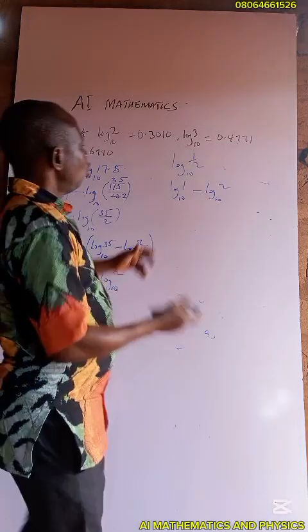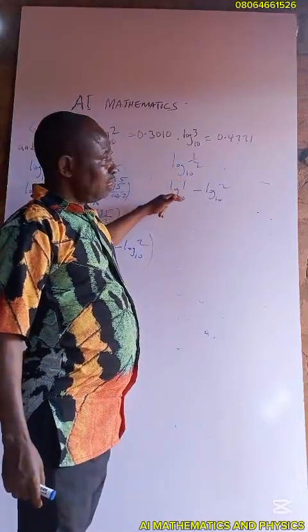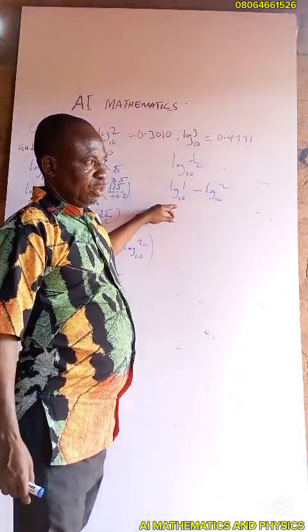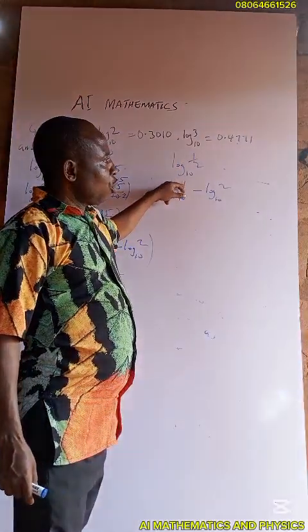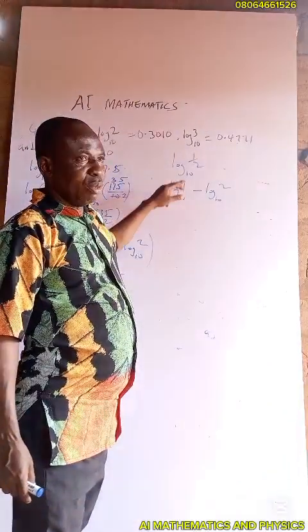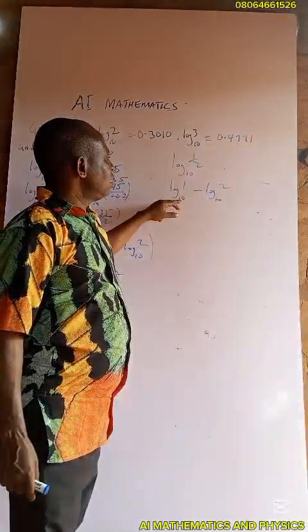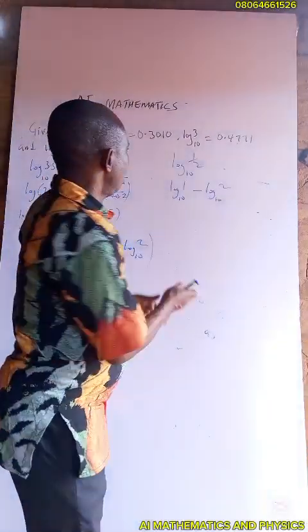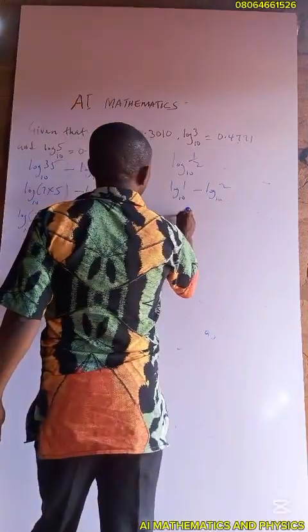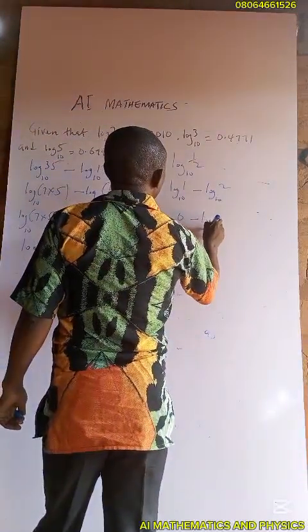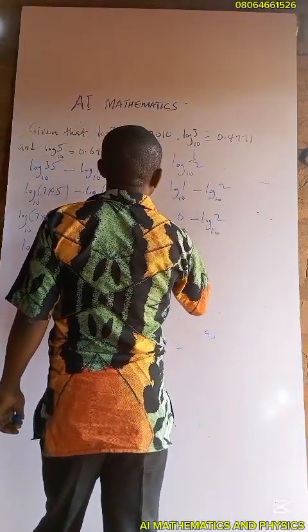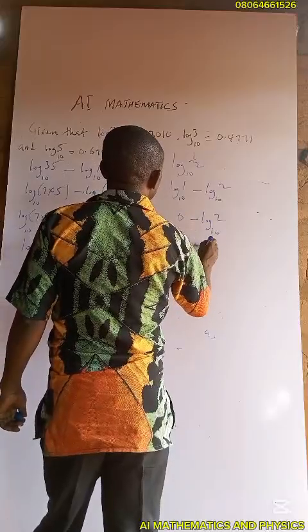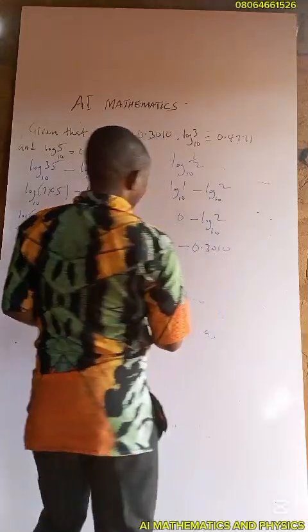Even if you have log 1 base 20, the answer will be 0. Log 1 base 100 will be 0. Log 1 base million will also be 0, which means it will be 0 minus log 2 base 10. That is minus 0.3010. That's it.